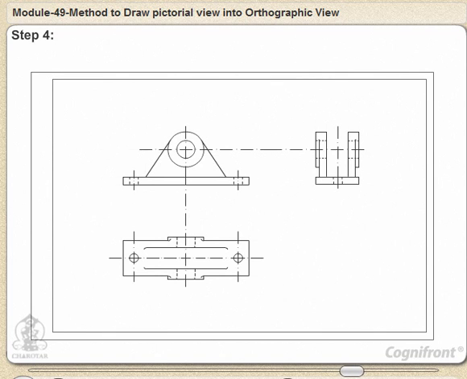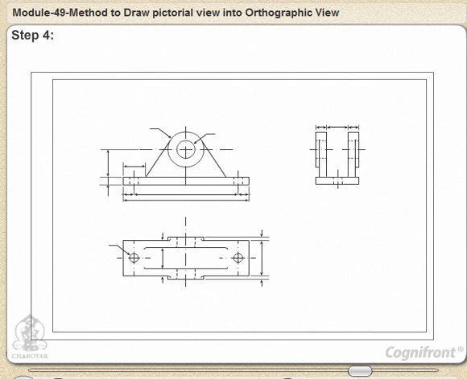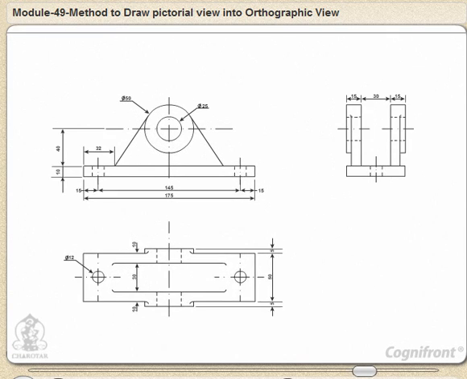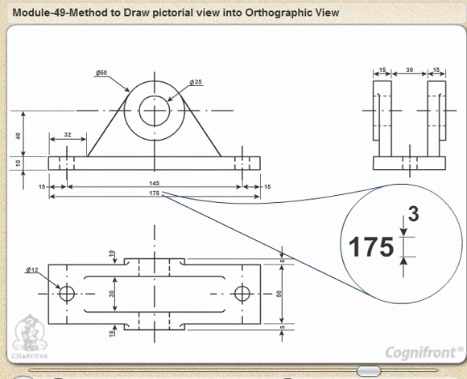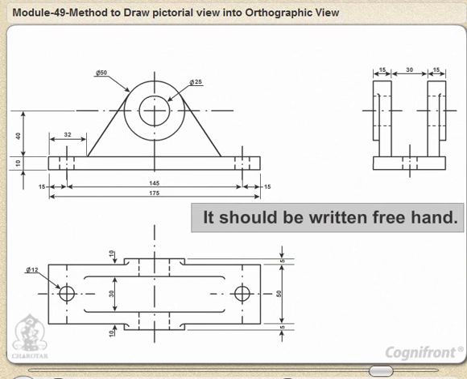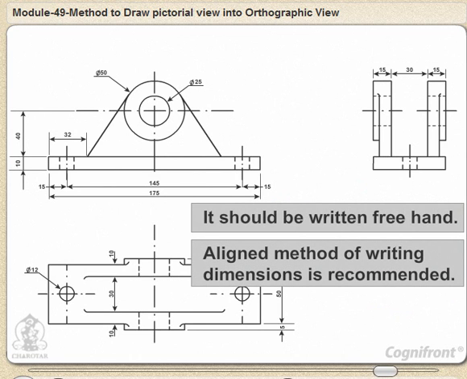Draw extension lines. Draw dimension lines. Insert dimensions. Observe that the height of the numerals should not be more than 3 mm. It should be written freehand. Aligned method of writing dimensions is recommended.